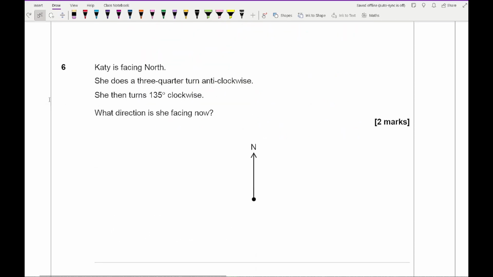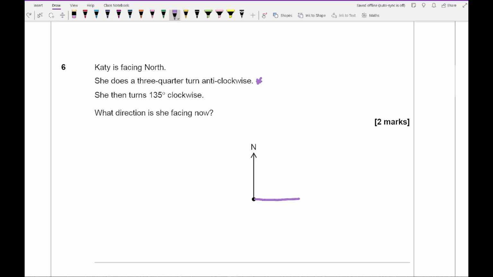Then for question 6, it says Katie is facing north. She does a 3/4 turn anti-clockwise. She then turns 135 degrees clockwise. What direction is she now facing? Now, obviously here you could use a protractor, but going 3/4 turn is basically going to end up here.